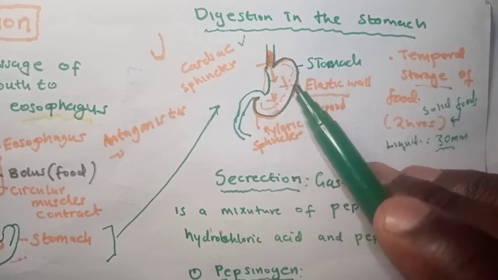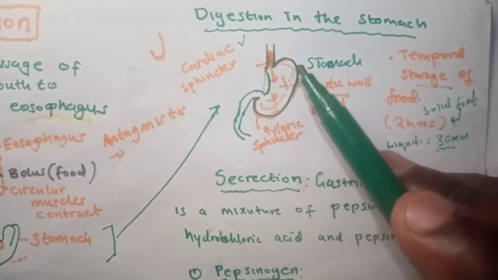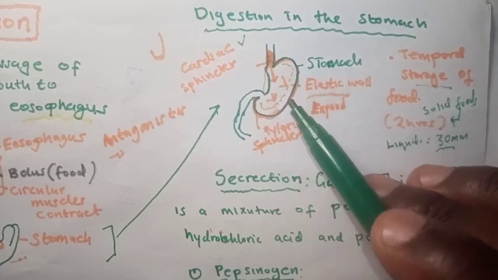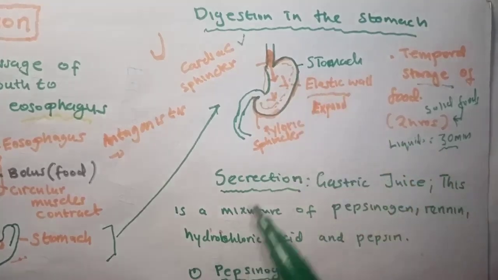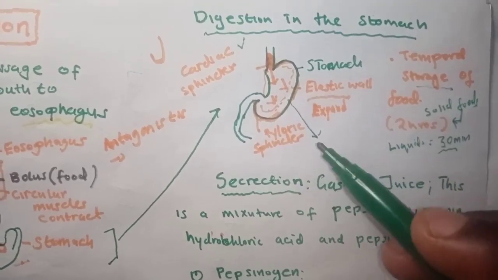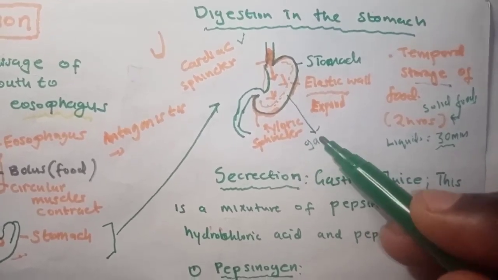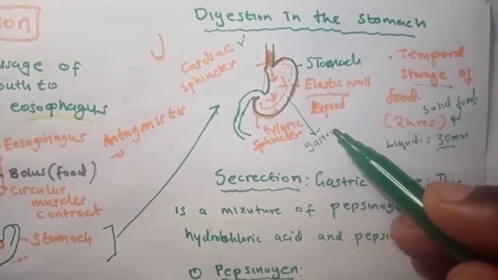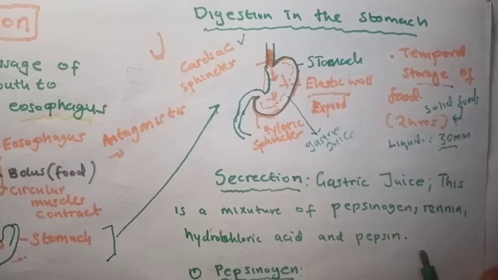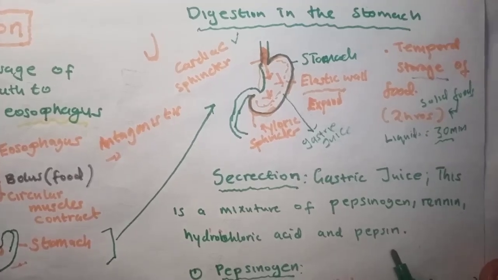Once the food is in the stomach, the stomach wall, which is made up of glandular cells, produces a certain fluid that we call gastric juice.